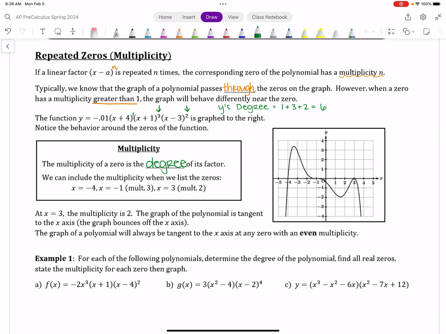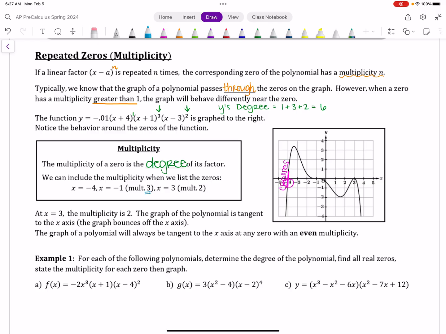So x equals negative 4 only has a multiplicity of 1, and we can see at negative 4, it crosses the graph. And at x equals negative 1, we have a multiplicity of 3.